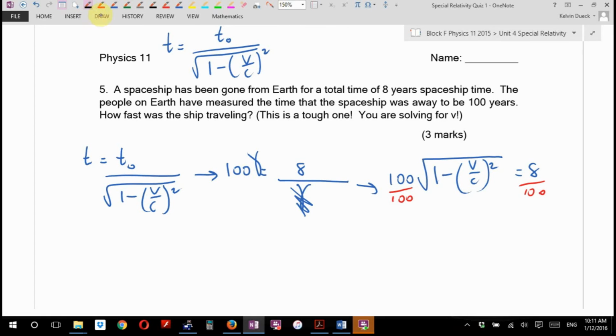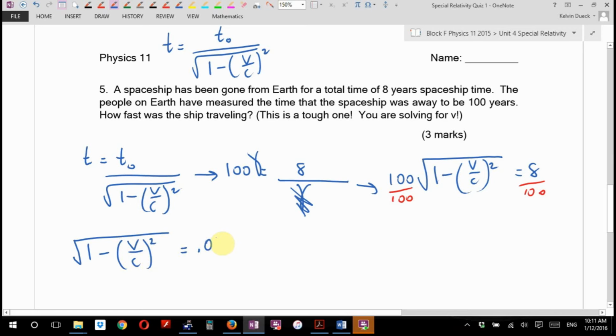So I'm going to end up with the square root of 1 minus v over c all squared equals 0.08. Now I'm going to square both sides. That's just going to cancel that. So I'm going to end up with 1 minus v squared over c squared. I also moved the squared into the brackets.